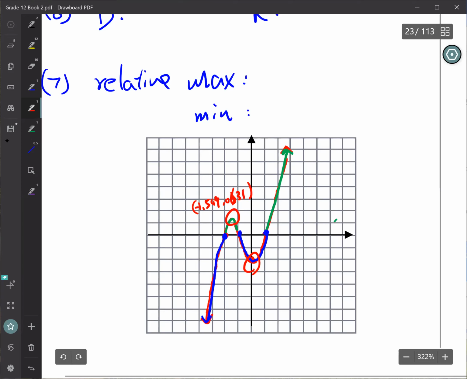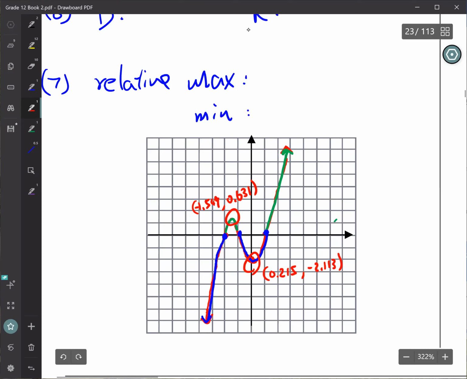Wow, really small, right? All right, and Tiana, what about the minimum? 0.215 and -2.113.